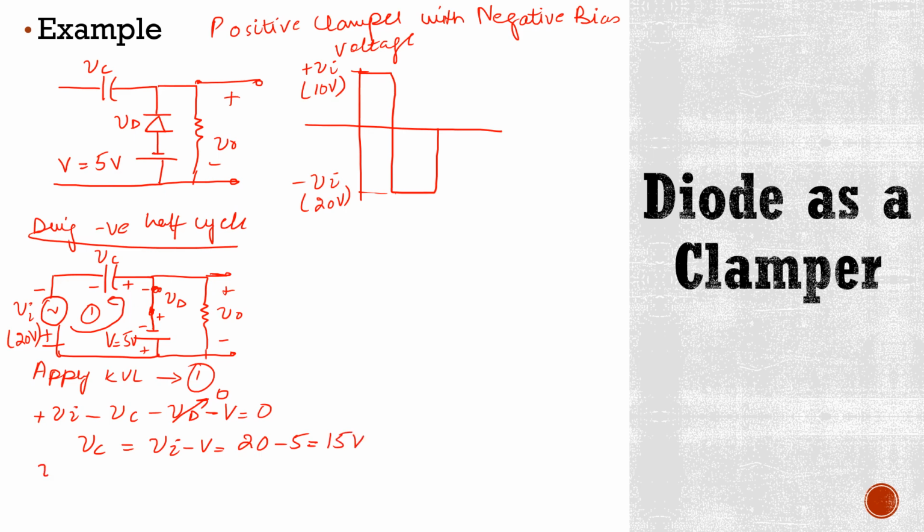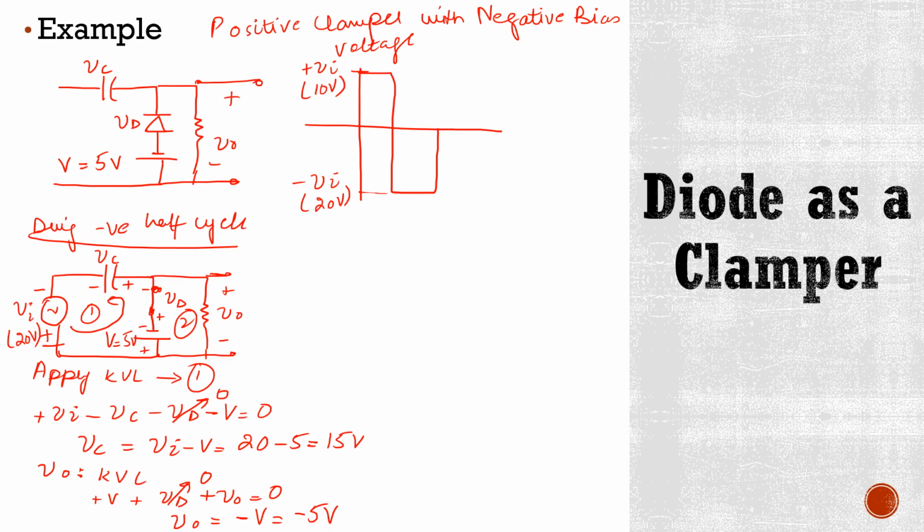Now what about output voltage? Now we look at this second loop and apply KVL here. So our KVL equation is plus V plus Vd plus V0 is equal to 0. Here Vd is 0 because this diode is ideal, so V0 will be equal to minus V. We know that V is 5, so here V0 is equal to minus 5 volts.